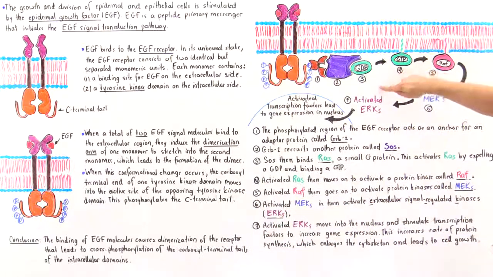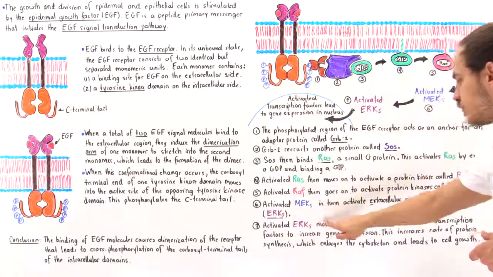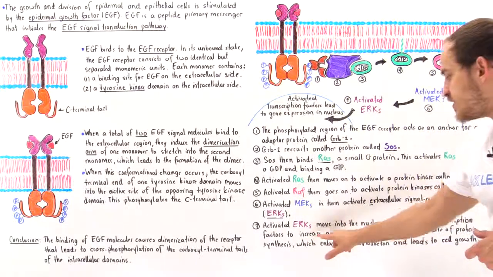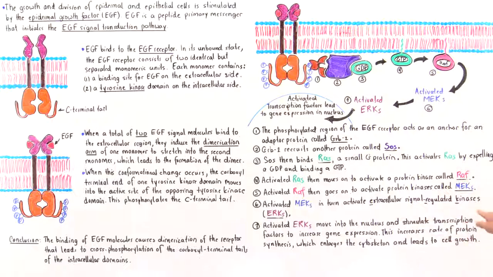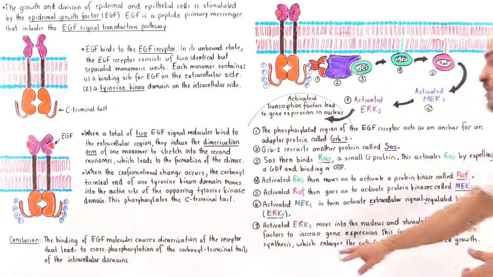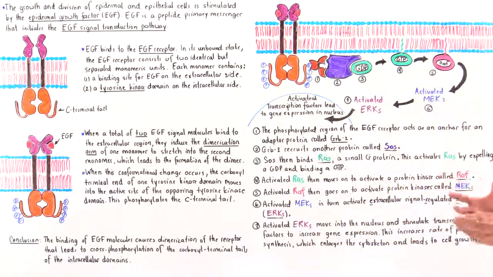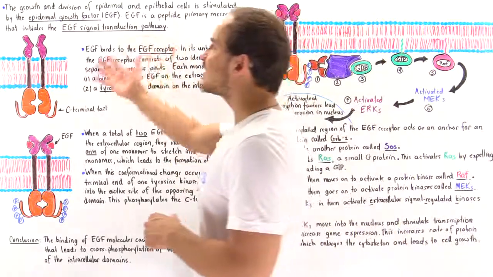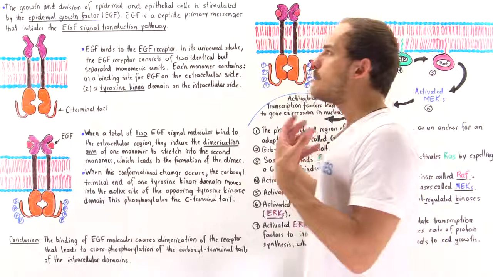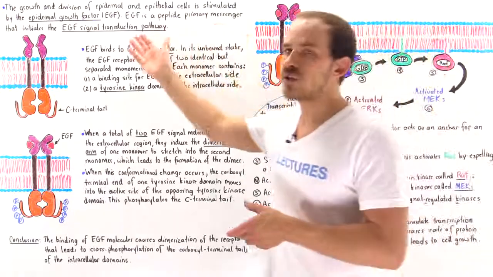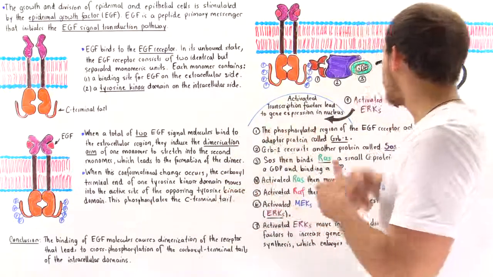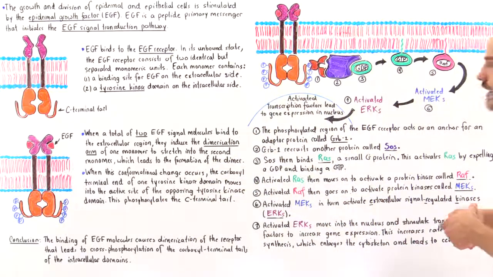So we see in this final step, activated ERKs move into the nucleus and stimulate transcription factors to increase gene expression. This increases the rate of protein production, which enlarges the cytoskeleton and leads to cell growth and ultimately might lead to cell division to basically produce many more of these cells that were damaged as a result of, let's say, that particular cut that we experienced on our skin.